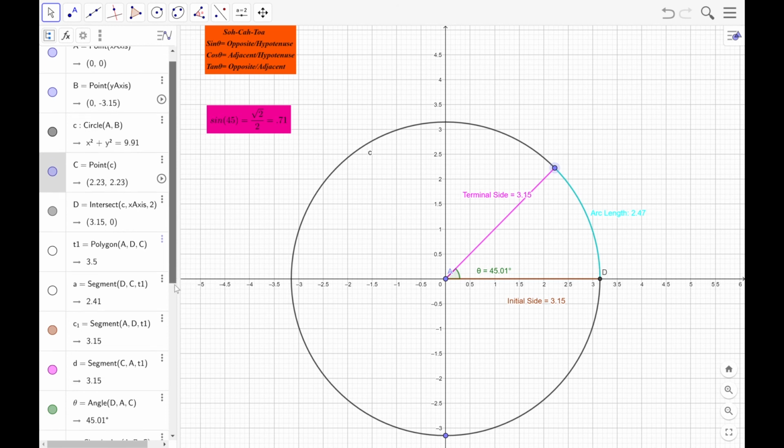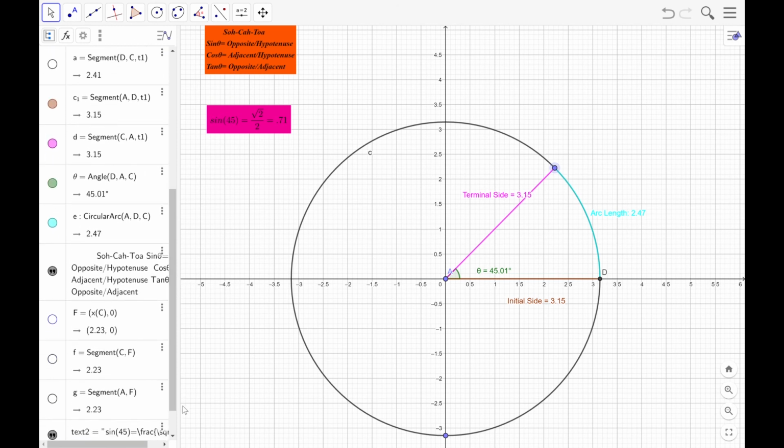And what I can do here is extend a line from this point where my terminal side hits the circle, and I can extend it down to my x-axis, right? So I can extend it down, and then I can make another line from this point all the way back to the origin. So it looks like this. So what have I constructed here?